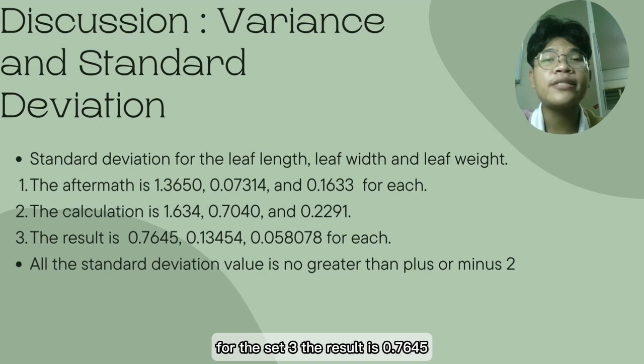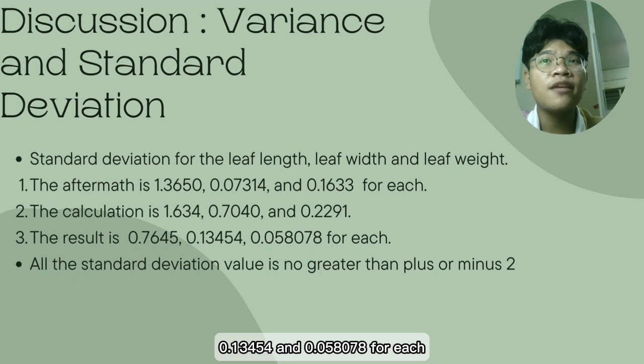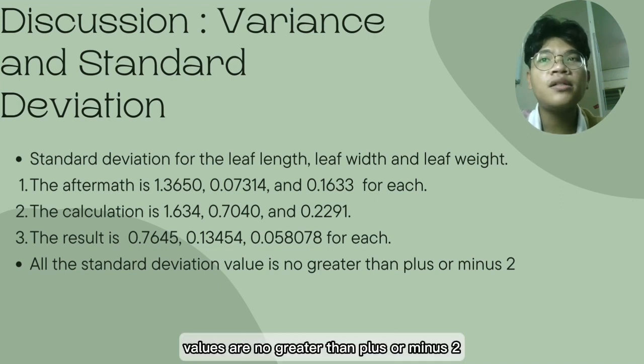As well for set 3, the result is 0.7645, 0.13454, and 0.058078 for each. All the standard deviation values are no greater than plus or minus 2 standard deviations.